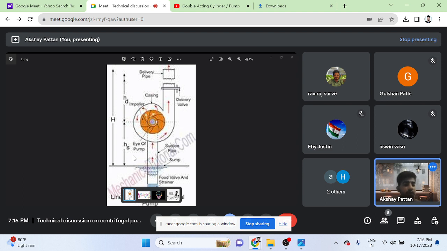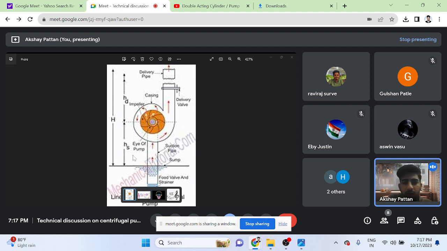The NPSH required is the minimum pressure required at the suction port of the pump to keep the pump from cavitating. Means the minimum pressure required to avoid cavitation is the NPSH required, and the NPSH available is to be calculated.